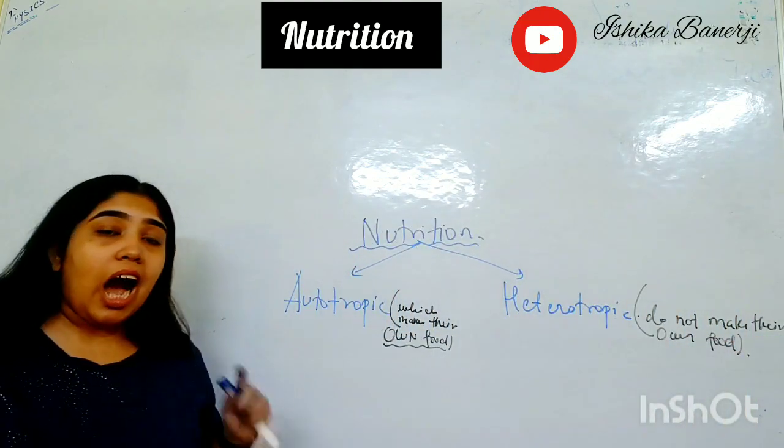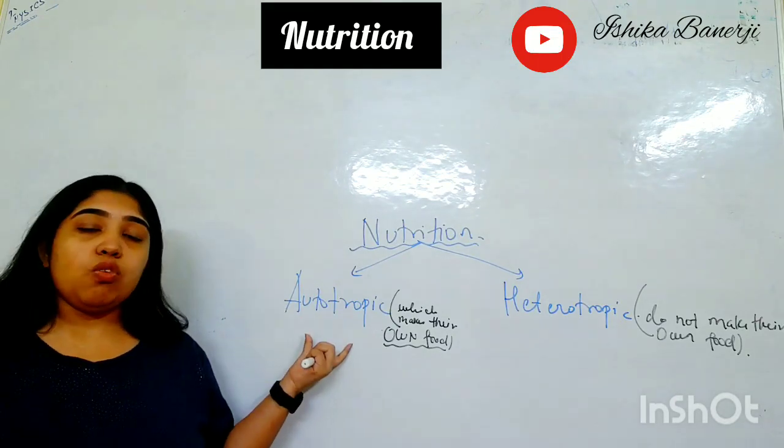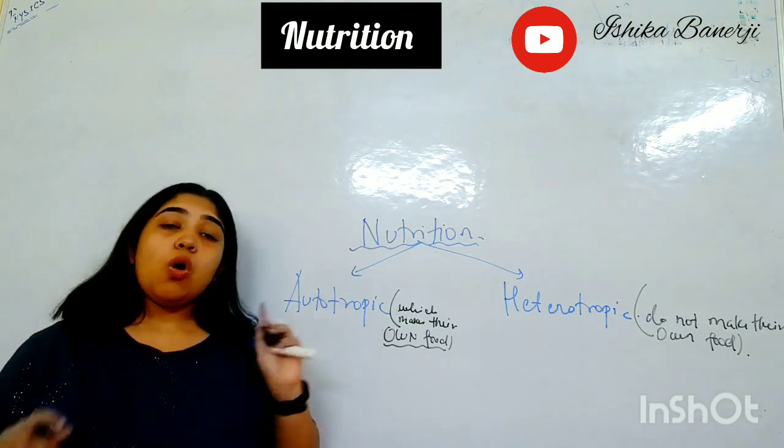Can we make our food without plants? No. But autotrophs can make their own food. They are self-sufficient.